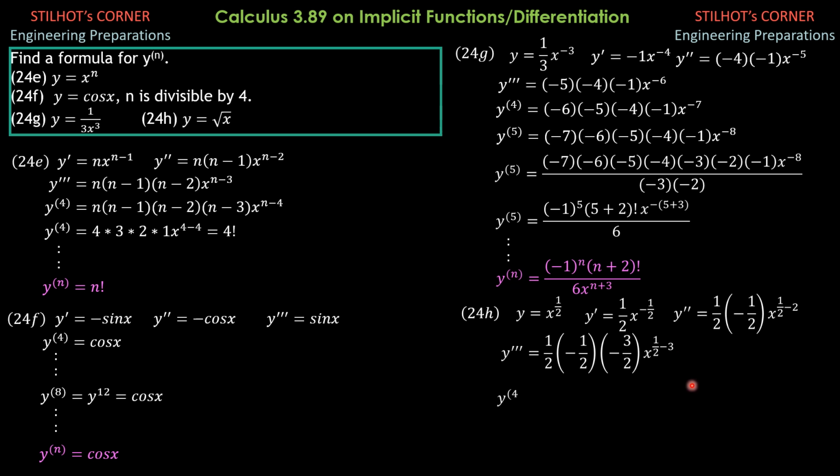Then the fourth derivative is 1/2 times negative 1/2 times negative 3/2 times negative 5/2, because this is negative 5/2, x to the 1/2 minus 4, or x to the negative 7/2. So let's stop. If we consider the numerator, it is 1, negative 1, negative 3, negative 5.